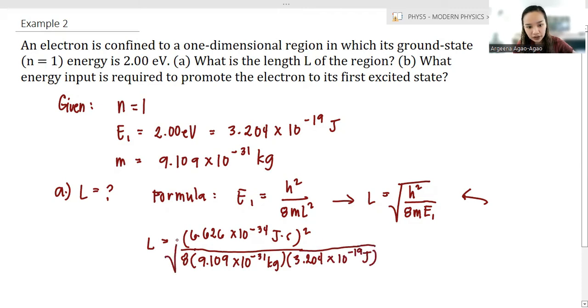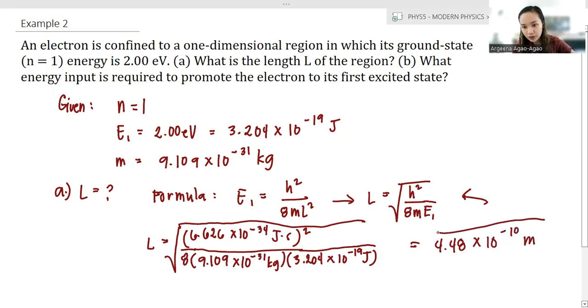So don't forget, this is a square root. So here, you will be obtaining the value 4.48 times 10 raised to negative 10 meters. So this is now the value for L.